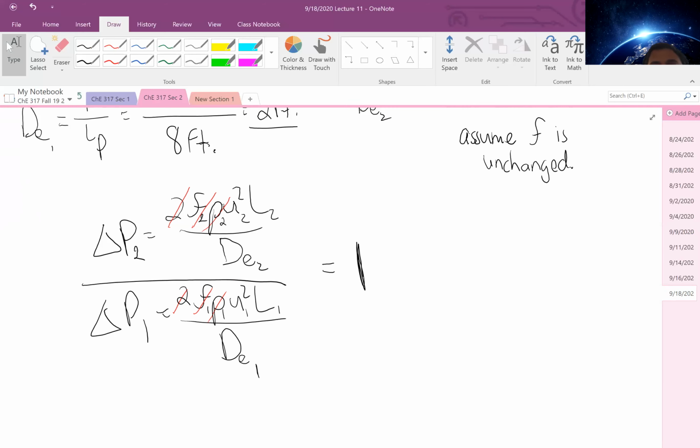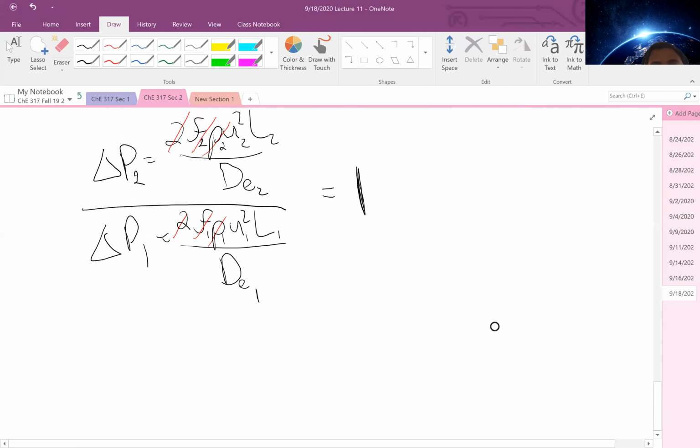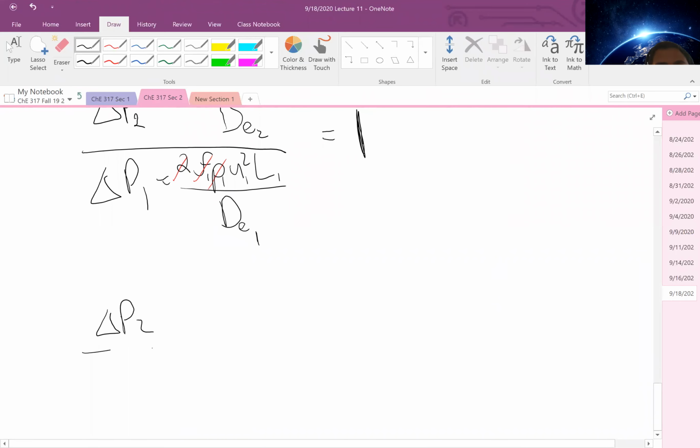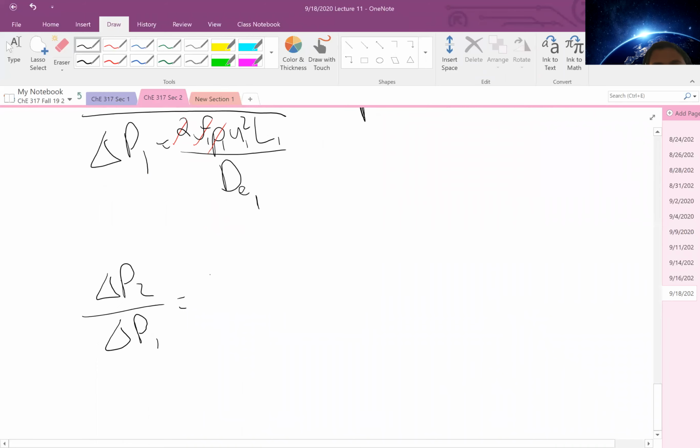And so what I'm left with is this expression that says delta P2 over delta P1 is equal to U2 squared L2 times DE1 over U1 squared L1 times DE2.